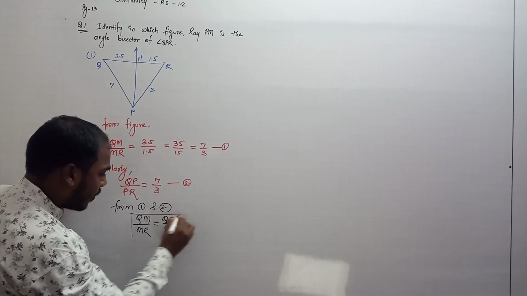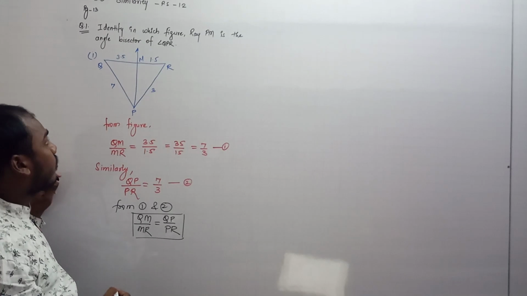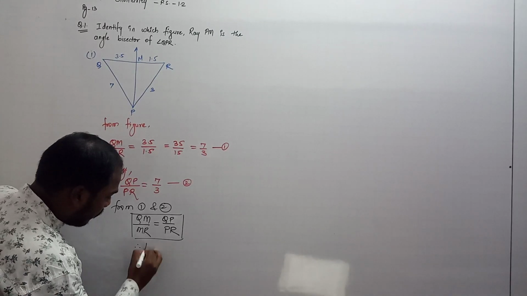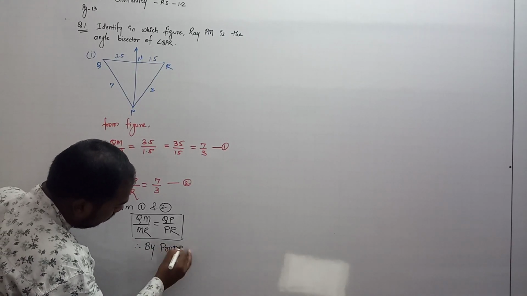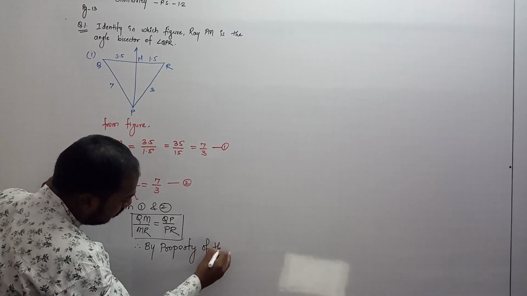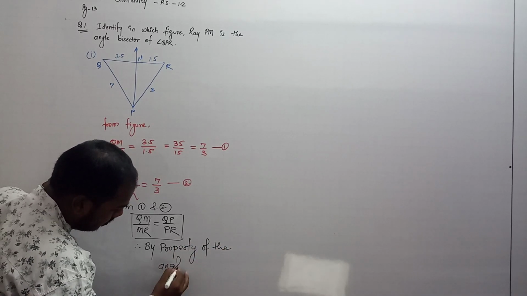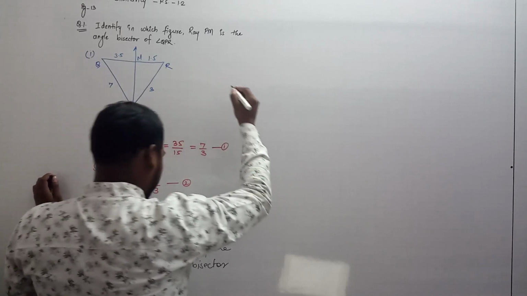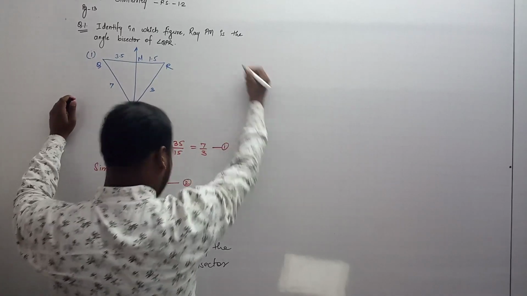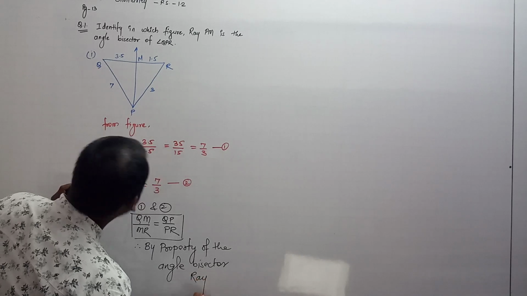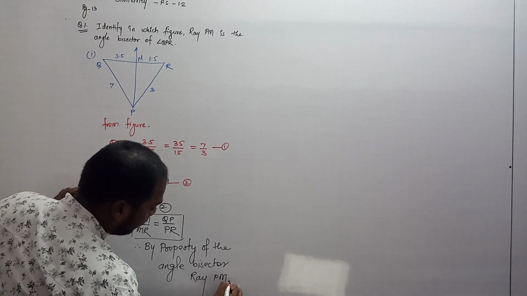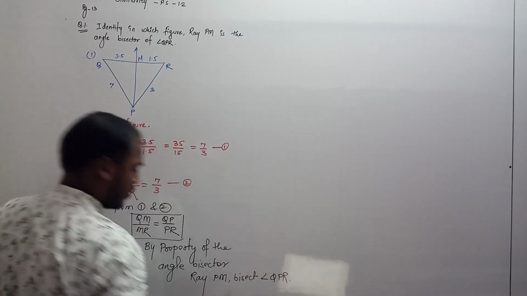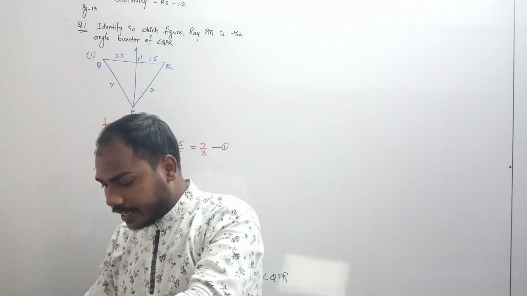Therefore, by the property of the angle bisector, we can say that ray PM bisects angle QPR.